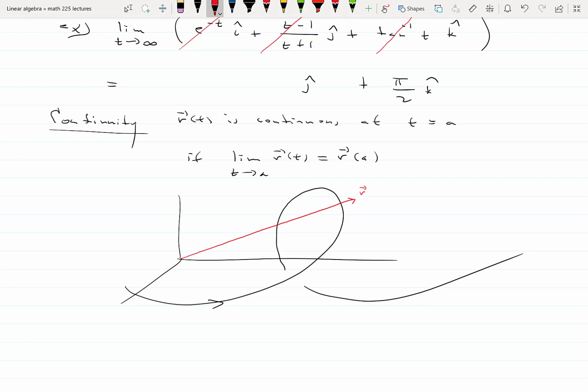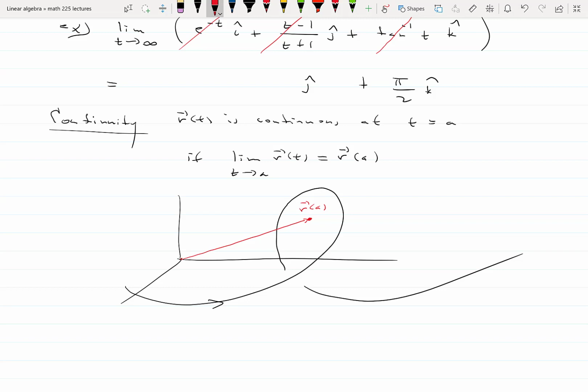R of a can shoot past it. Let me draw it a little smaller. Here's r of a, that point right there.